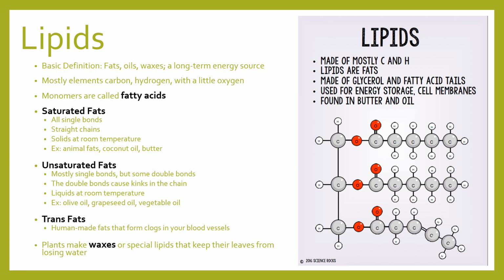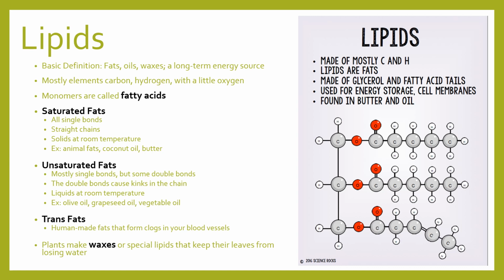Now, lipids are kind of like carbohydrates' long-lost sibling. They're both made of mostly carbon and hydrogen with a little bit of oxygen. But these ones, instead of supplying you with quick energy, supply you with long-term energy. We store energy in fats.